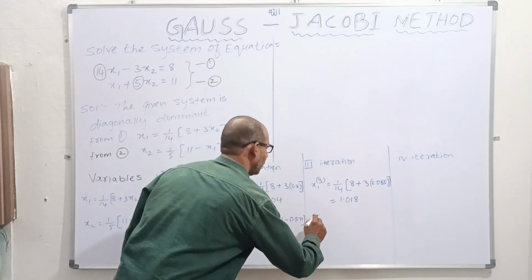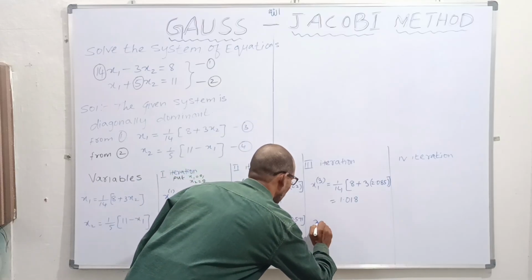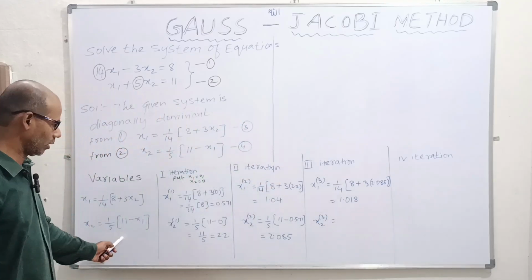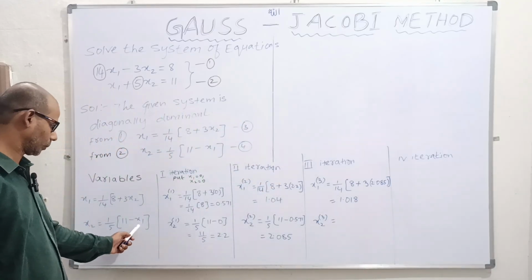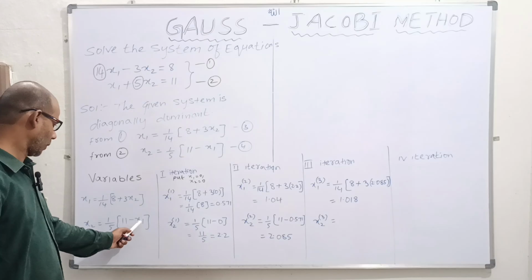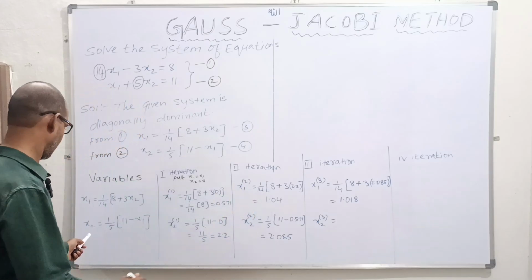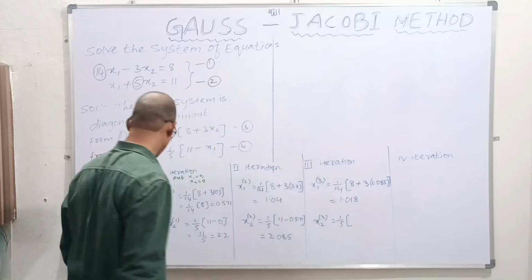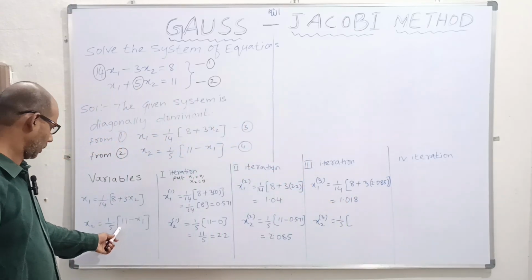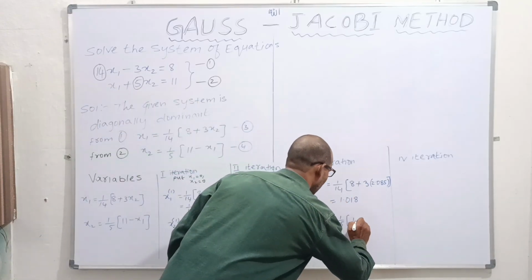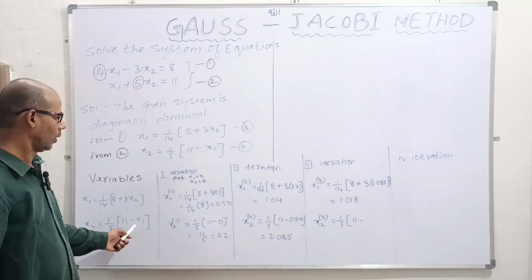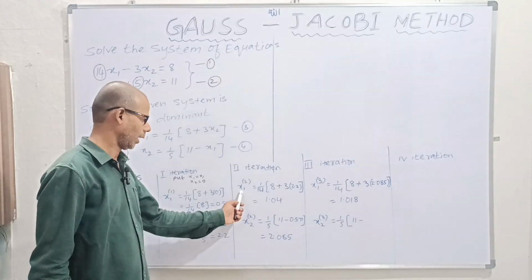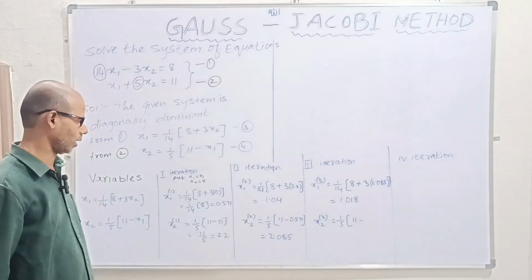Next, for the third iteration of the second variable, use the same equation, so that is equal to 1 by 5 into 11 minus, and instead of the earlier x1, we will use the value of x1 from the second iteration.